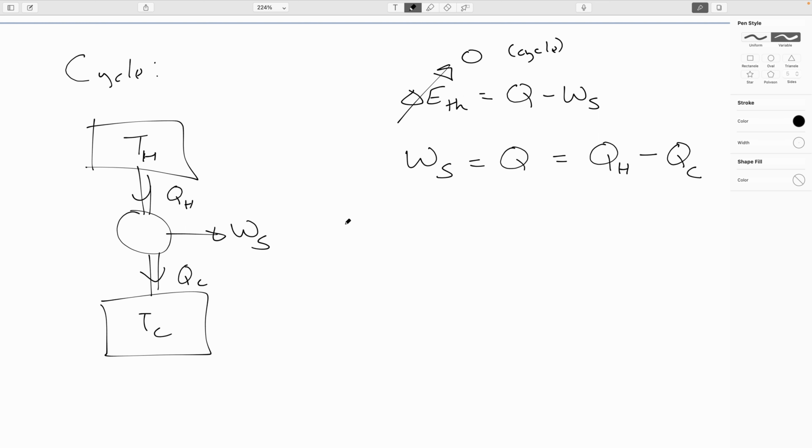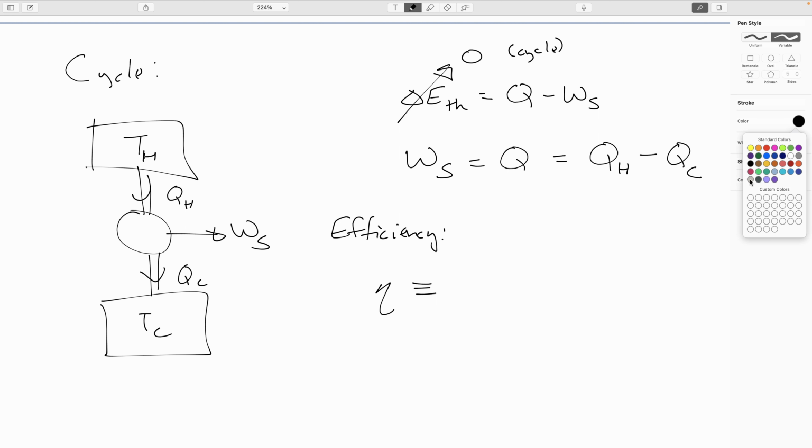Now, what you're typically going to be interested in is, okay, how efficient can this process be? And any figure of merit in physics gets defined in this sort of a way. So one of the usual symbols for efficiency is eta. If you write that in English, you'd say ETA. And just again, to pull out the special paper that we used in second grade, you draw an eta like this.